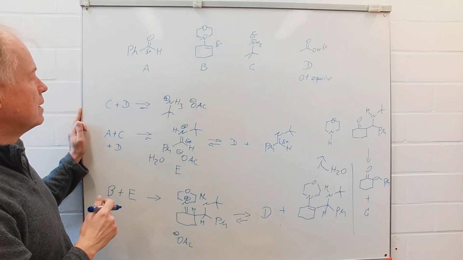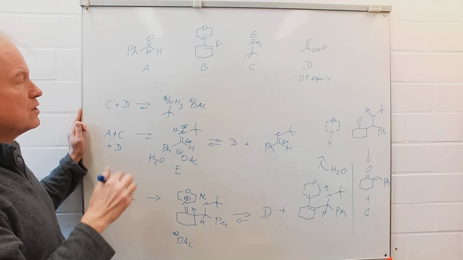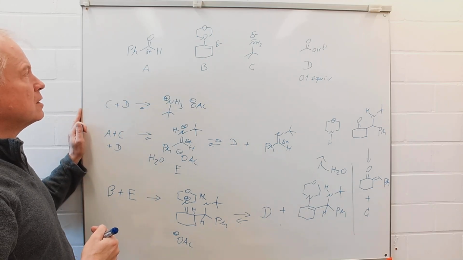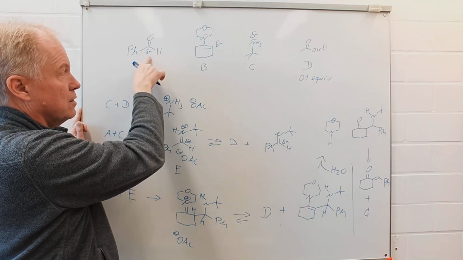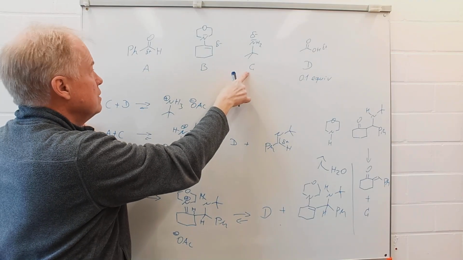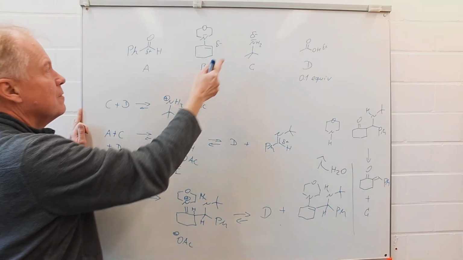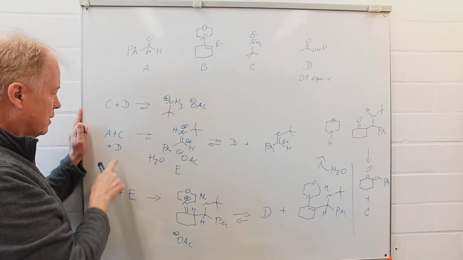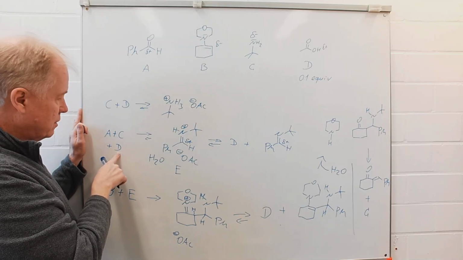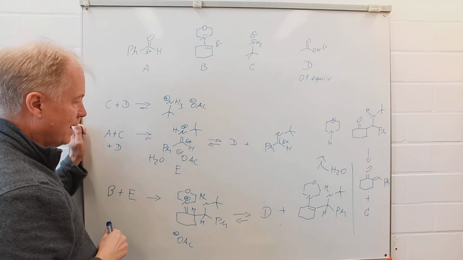Well, now what is the second electrophile? Here, this aldehyde. So C will also react with A, making a condensation reaction, and present is of course still acetic acid.